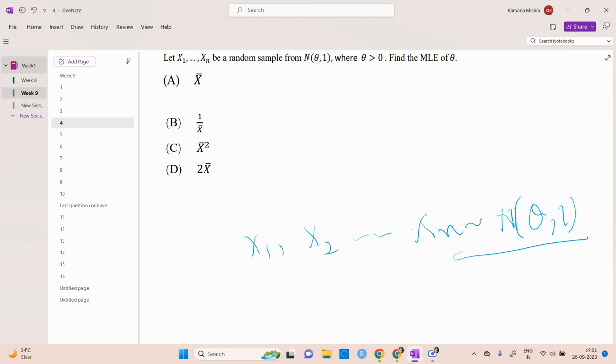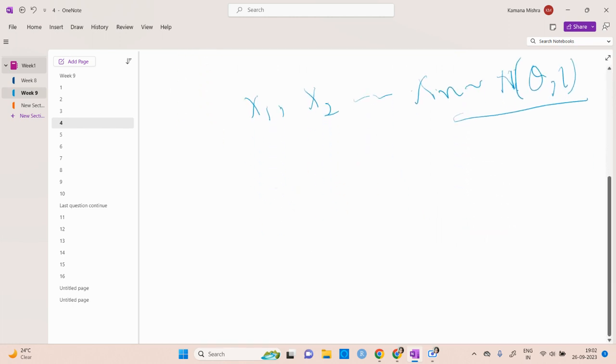So theta is mu and sigma squared. Now what will be its distribution? Let's say xi.